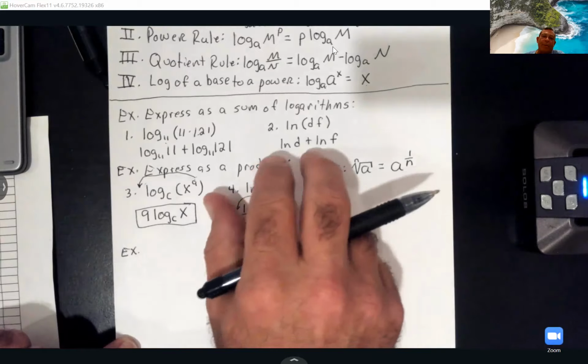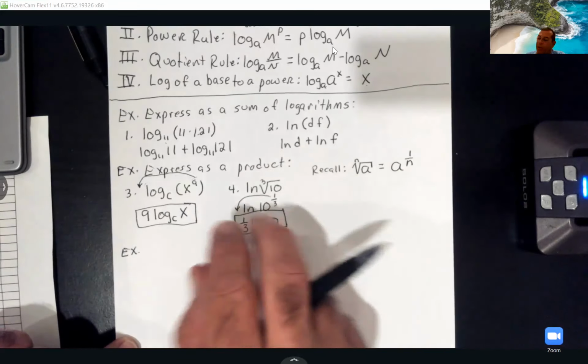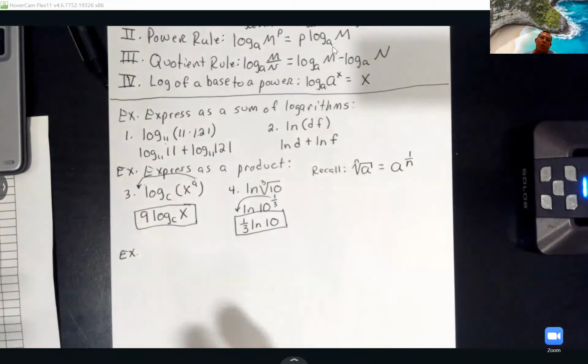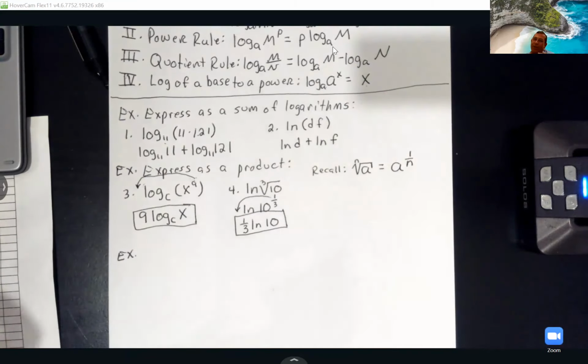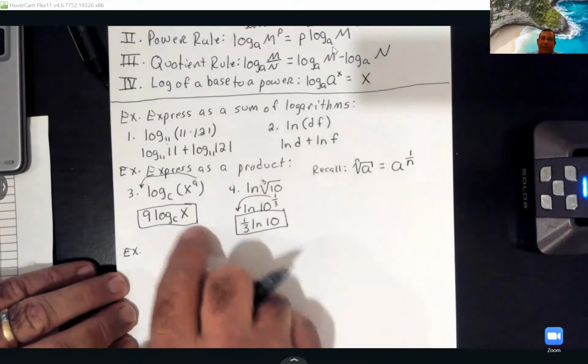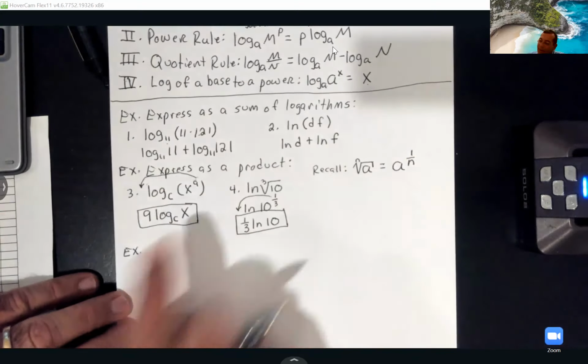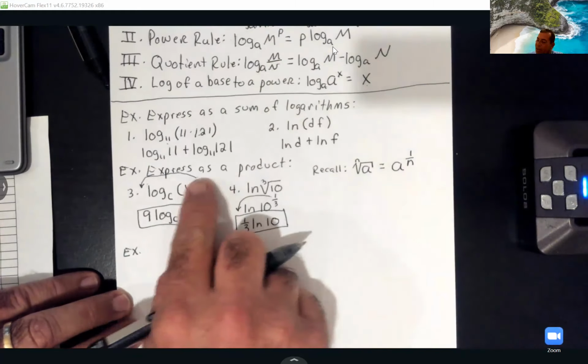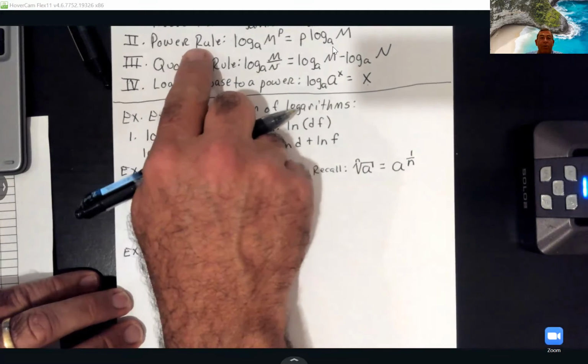Now, you'll see, once I do a couple of these where we're doing the difference with the quotient rule, then they're going to start mixing them up, and it gets a little bit trickier on them, okay? But right now, they're just wanting us to see the basic patterns on these. So we got the sums. We use the product rule. We got the product. We use the power rule.